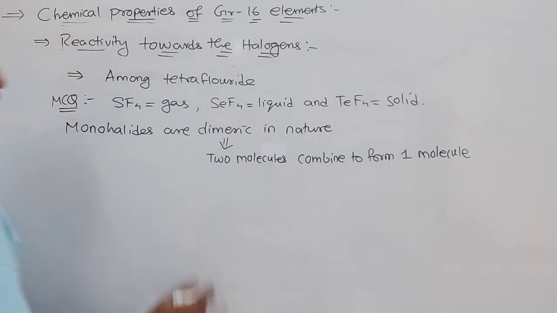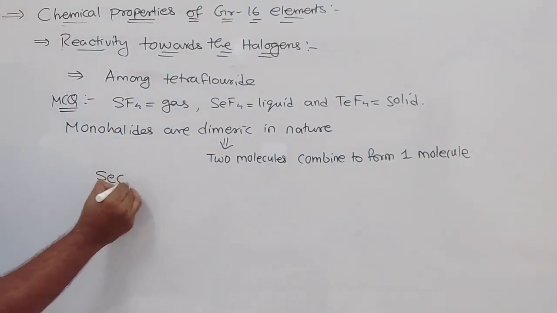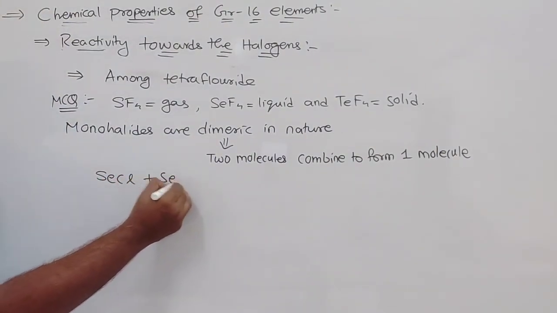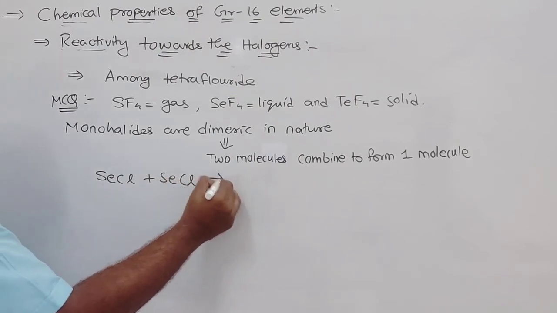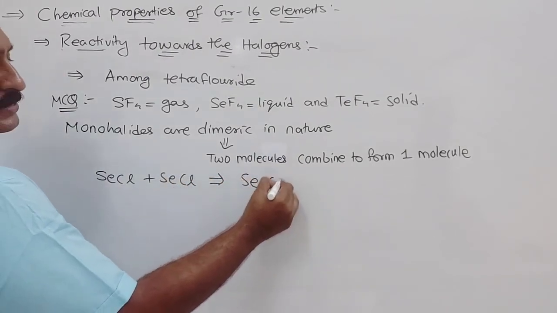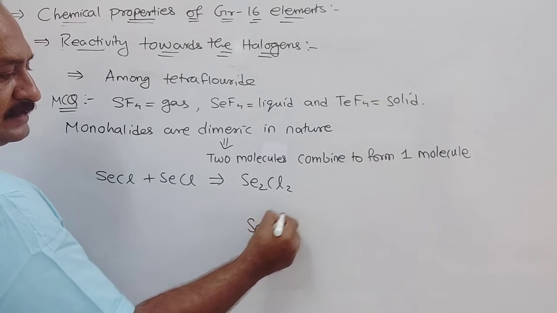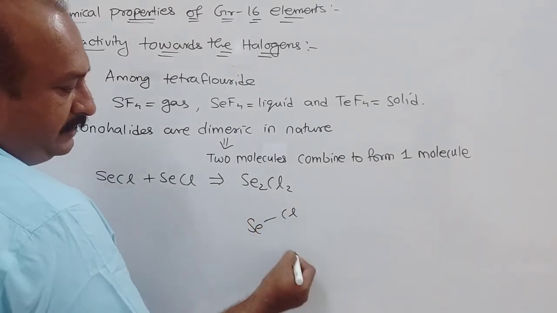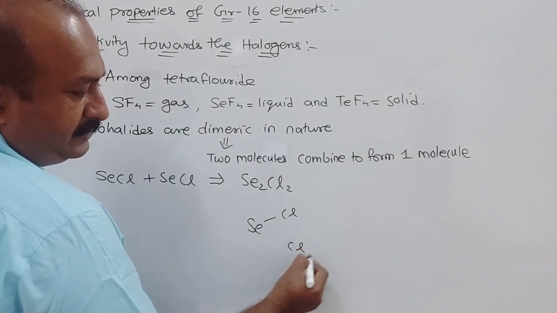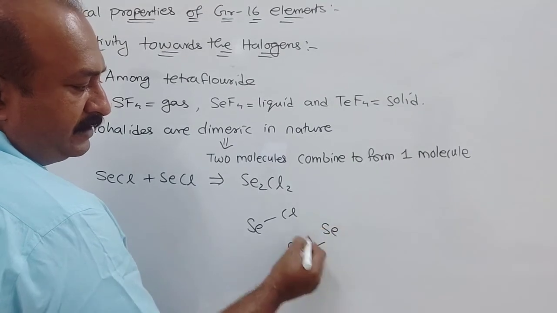Clear? Now a simple example is SeCl. They both combine, SeCl, to give Se2Cl2. That means you can write SeCl like this, then write another SeCl again like this. Clear?